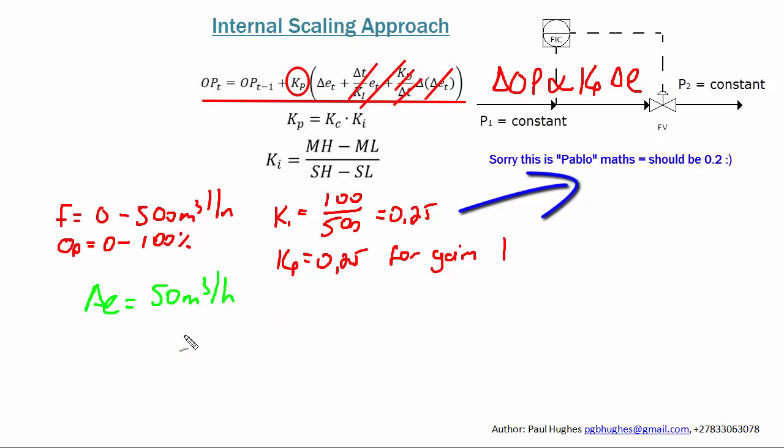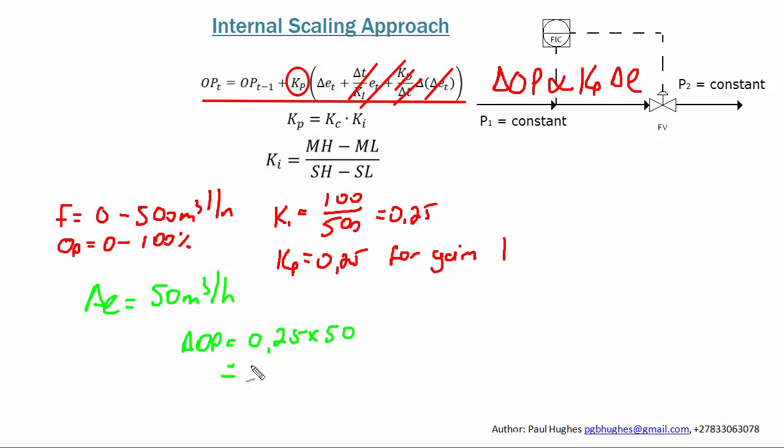So now the delta OP equals 0.25, because that's what kc times the scaling gives you, times 50, which gives you 10%. So a 10% change in the error gives you a 10% change in the output, and that's the reason why they do this internal scaling.